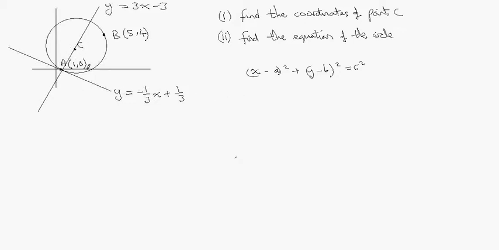So if we take the point A where x is equal to 1, then we have (1 minus a) all squared plus y, which is 0, so (0 minus b) all squared is equal to, well, the other point must satisfy the equation as well, so we have (5 minus a) all squared plus (4 minus b) all squared.